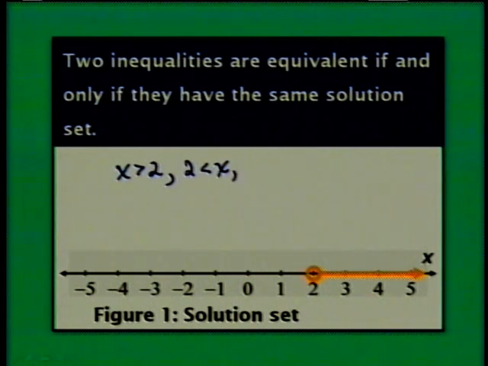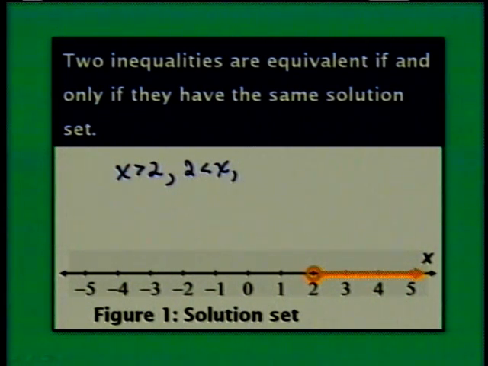I'm also thinking, if I take a number bigger than 2 and subtract 2, one thing's for sure, the result's going to be greater than 0. For example, 2.1 minus 2 is 0.1, which is greater than 0. On the other hand, if I'm on the other side of 2 and I subtract 2, the result's going to be less than 0. 1.9 minus 2 is negative 0.1, which is less than 0.